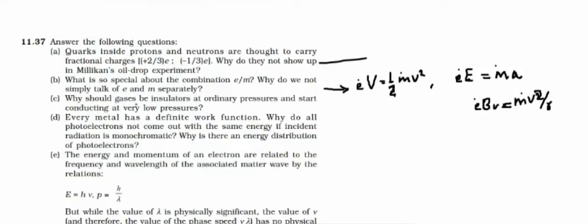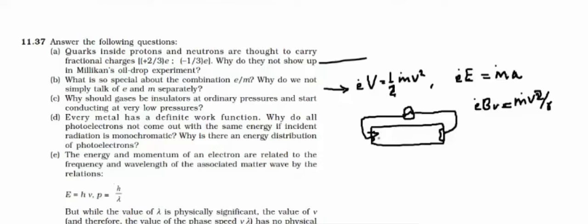Why should gases be insulated at ordinary pressures and start conducting at very low pressures? Just consider a container, and suppose we have two electrodes here. Now the electric circuit you can complete like this. Then you see that if the pressure is high, the extent of collision will be very high. So suppose a few ions are there among the gas molecules, but those ions find much difficulty to travel because of the frequent collisions.